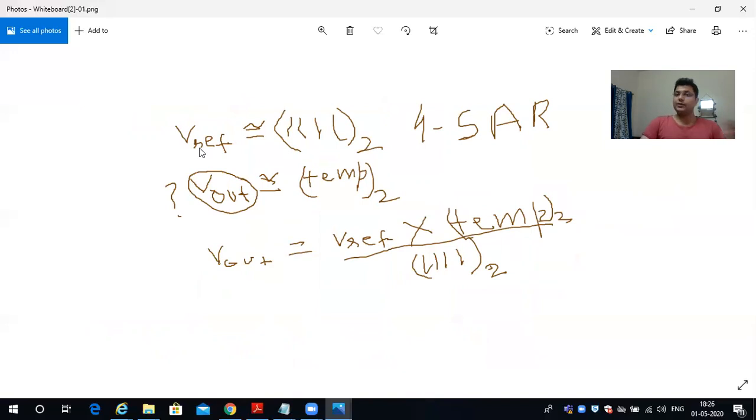Now this voltage reference. So in our case, 16 volt is equivalent to, proportional to all ones in the 4-bit successive approximation register. So this is approximate to voltage reference, that is 16 volt. Now V out, we want to calculate the equivalent voltage.